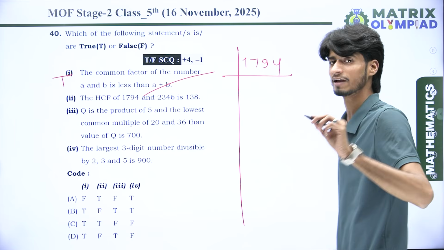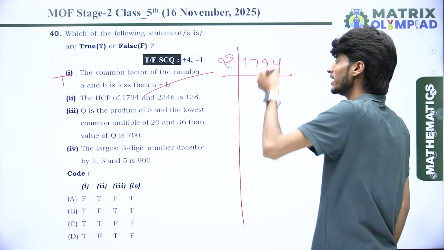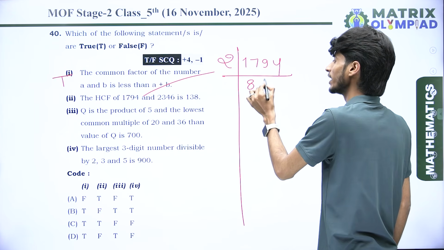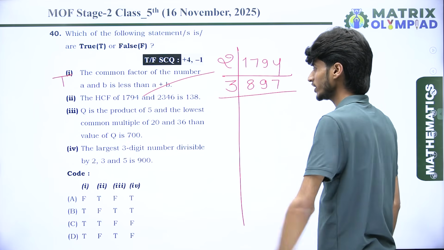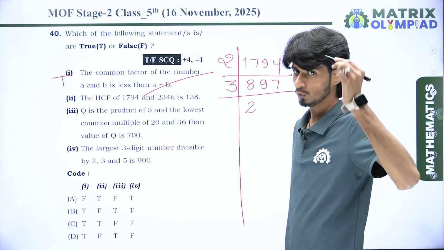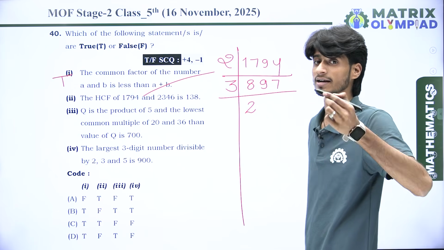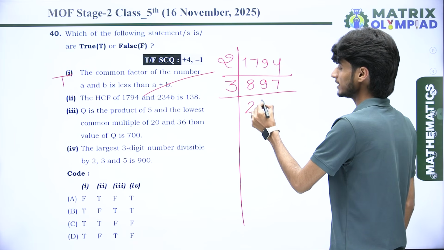So let's find out the prime factorization of that number. So we have 2. Whenever we divide it by 2, then we get 8 2s are 16, 9 2s are 18, 7 2s are 14. Now we divide it by 3, then you get 3 2s are 6, remainder 2. The next digit is a 9, then we get 29. So 9 3s are 27.